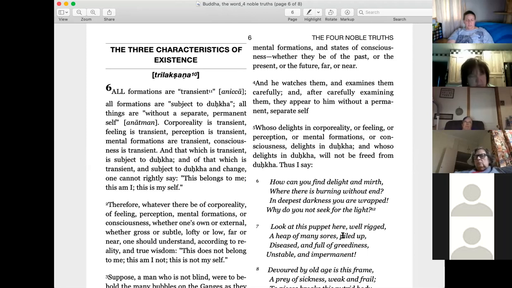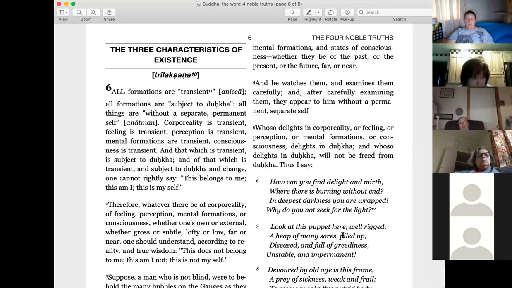All formations are subject to dukkha, because as we explained, everything that appears here that lives is born, and it ages and it gets sick and eventually it dies. Nothing escapes those things. And that all things are without a separate permanent self, the anatman.